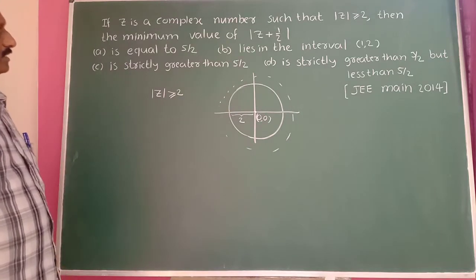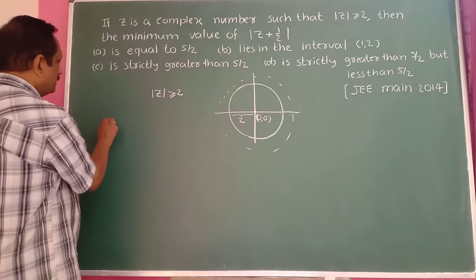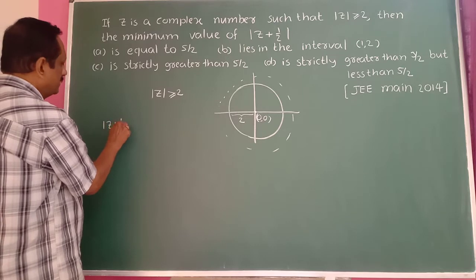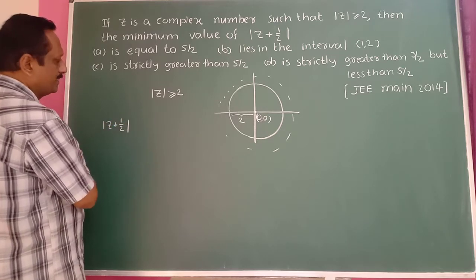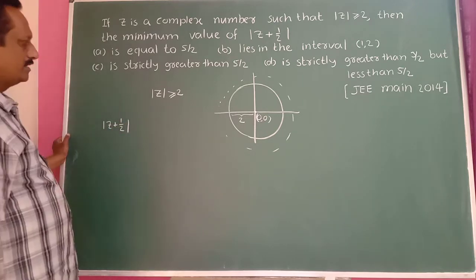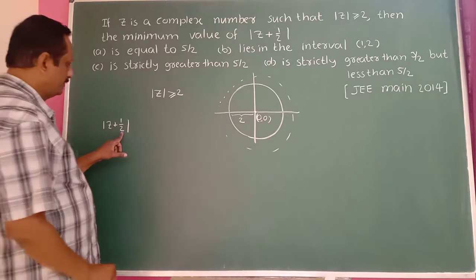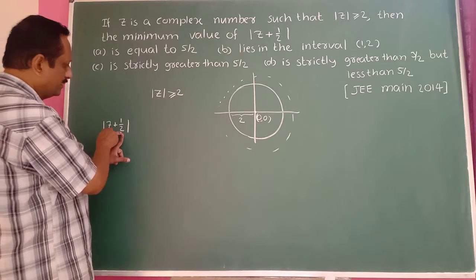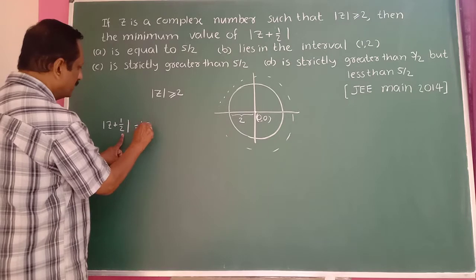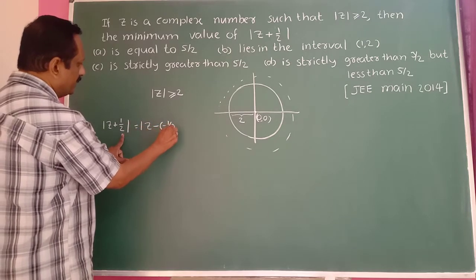Okay. Then here modulus of Z plus 1 upon 2 means the distance of the point minus 1 by 2 comma 0. Here Z plus 1 by 2 is there. You can write this one as Z minus of minus 1 upon 2.